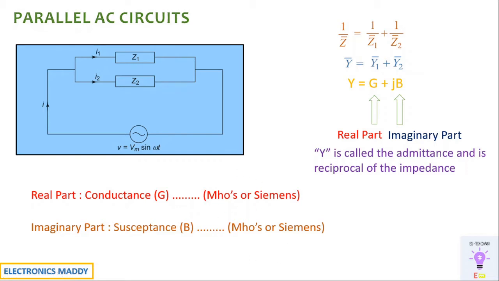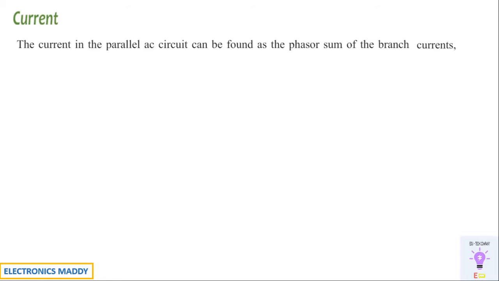One of the most important parameters in a circuit is current. So what happens to the current in a parallel AC circuit? The current in a parallel AC circuit can be found as the phasor sum of the branch currents. If you apply KCL to this circuit, you'll get I bar is equal to I1 bar plus I2 bar.